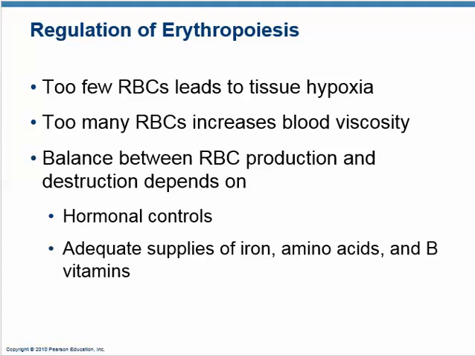So you've got to keep it just right, and we do that hormonally, and we also need the raw materials. So you need lots of iron, you need lots of amino acids, you can imagine, to make all the hemoglobin, and you need B vitamins. Those are important as well.